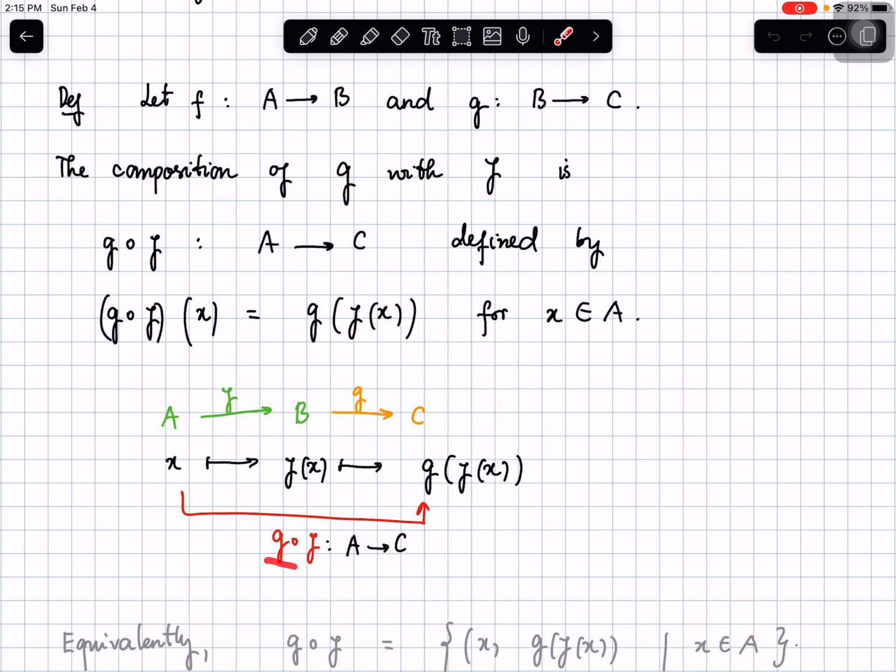So g∘f from A to C sends x to g of f of x. That's the definition of the composition.